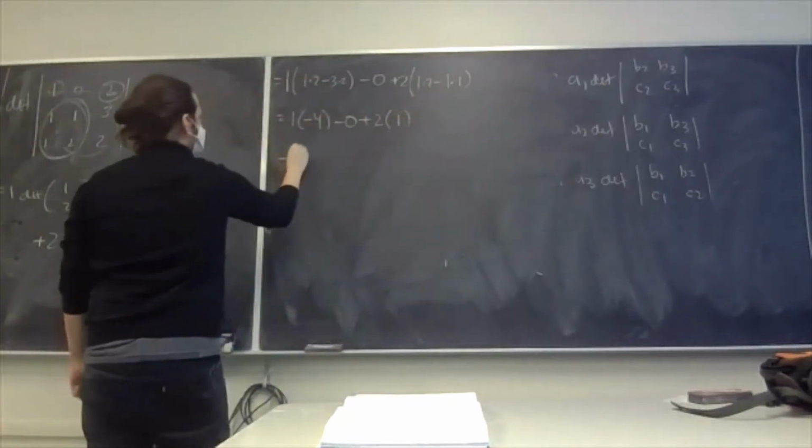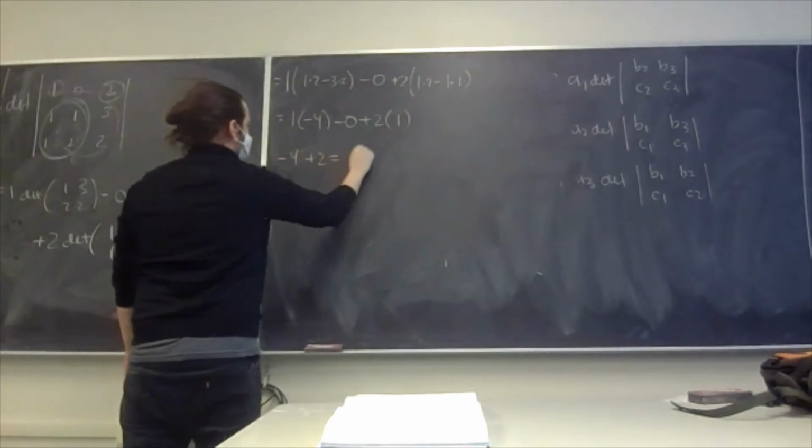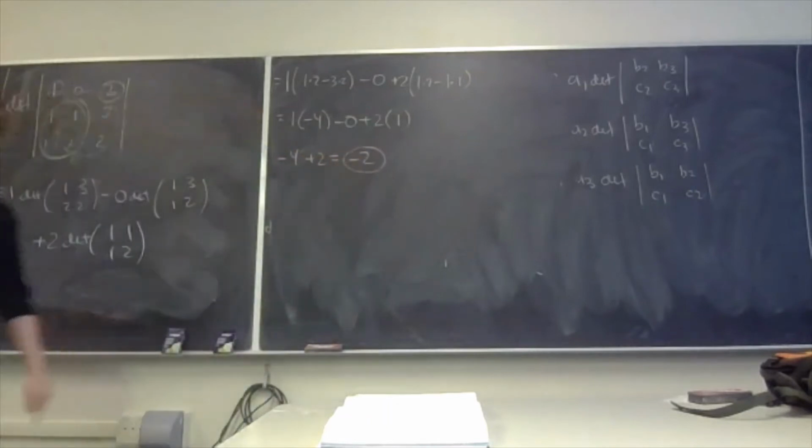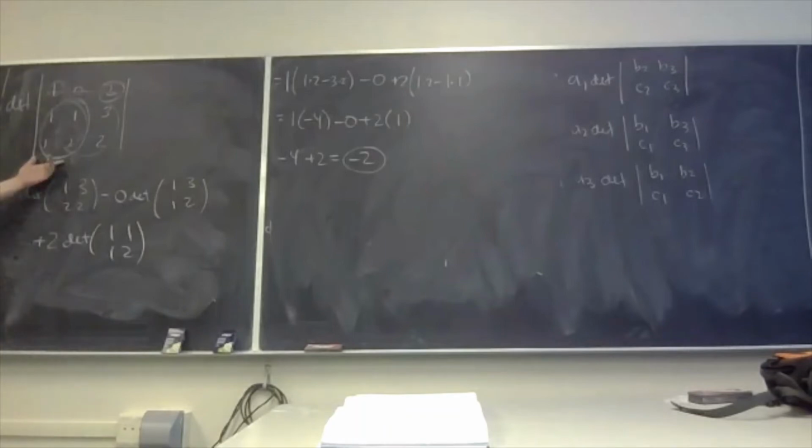So you get minus 4 plus 2, which is minus 2. If you care, that means that this matrix has a multiplicative inverse. You could divide by it in some sense.